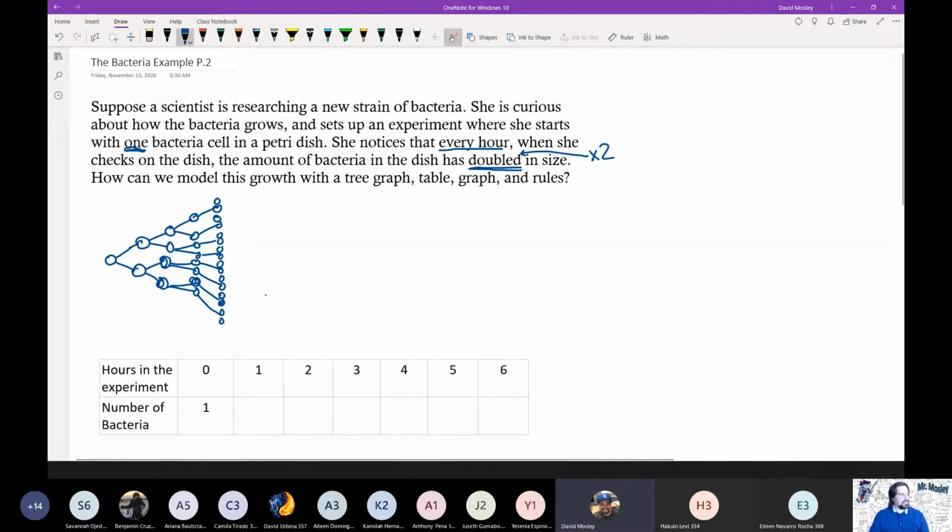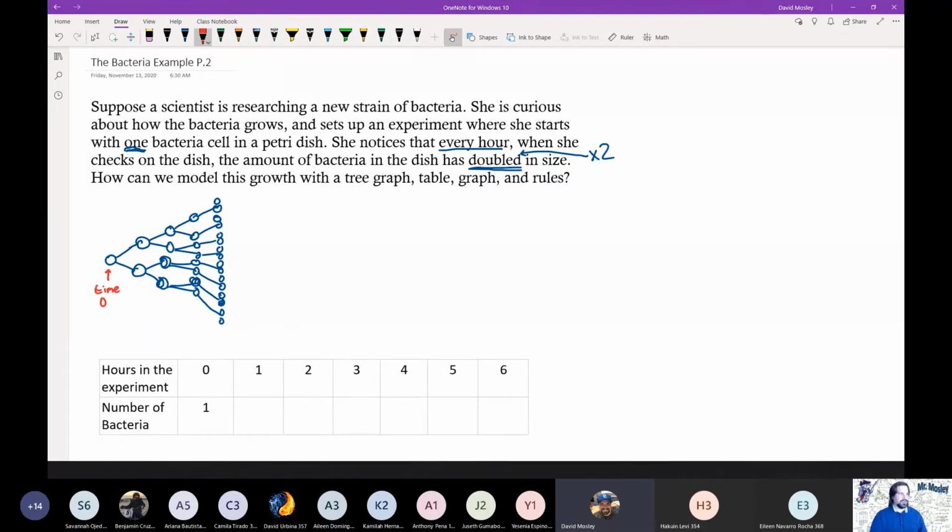So here's our little tree graph. It shows us that multiplying of 2. Okay, and so this first guy here, that is times 0. Right, no time has passed. That's the initial bacteria.